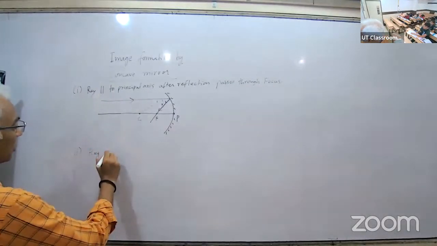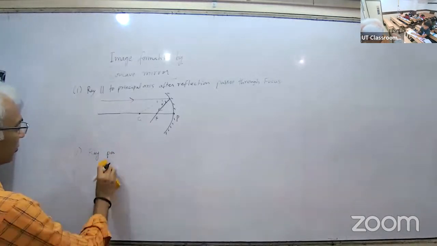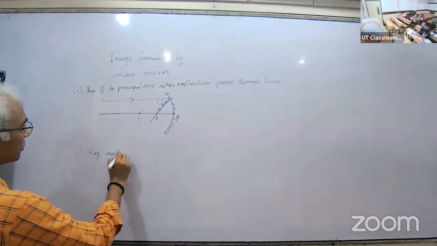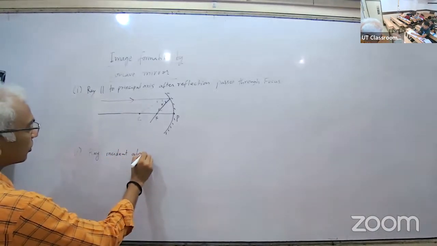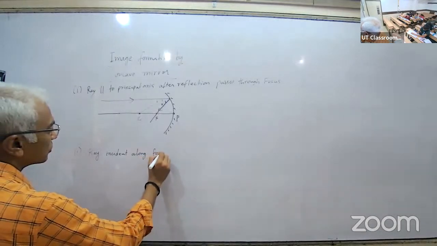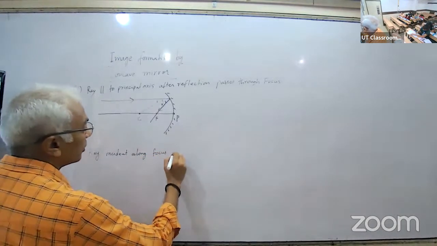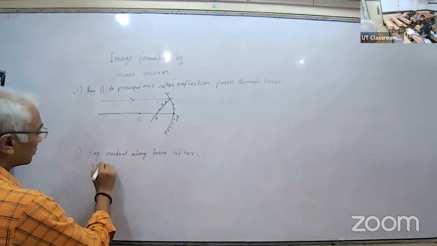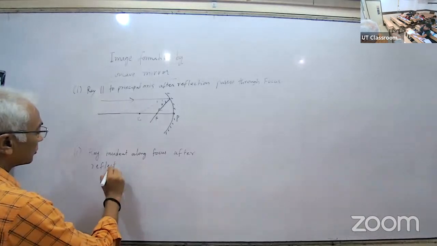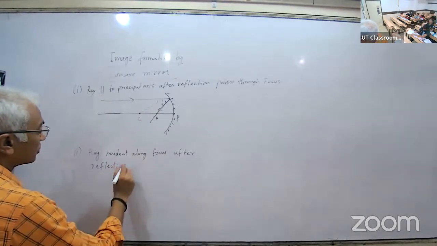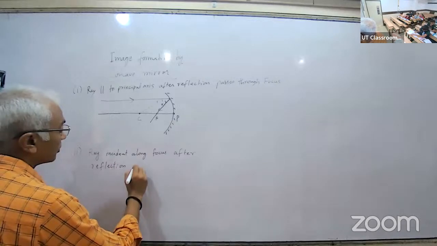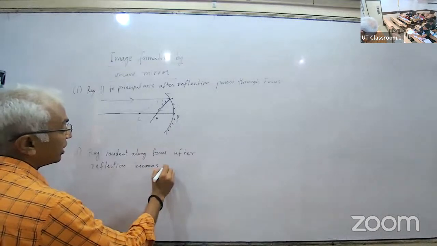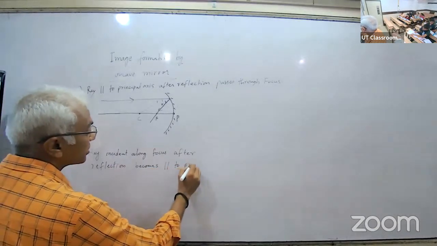Ray passing or incident along focus, after reflection, comes parallel to principal axis.